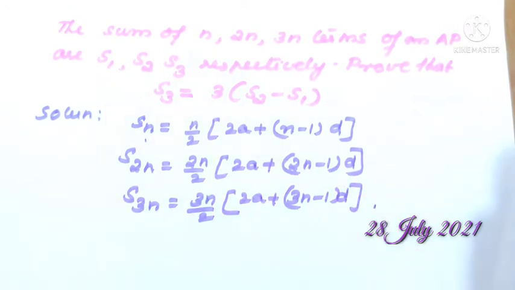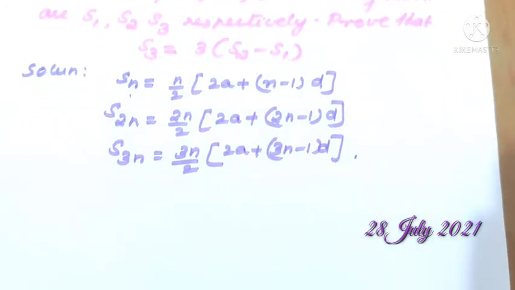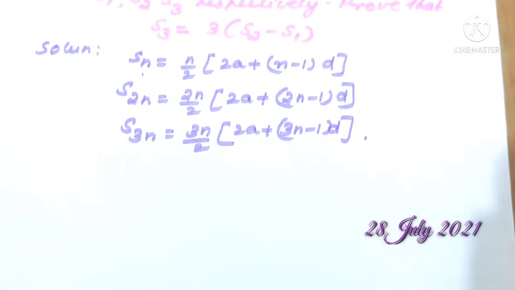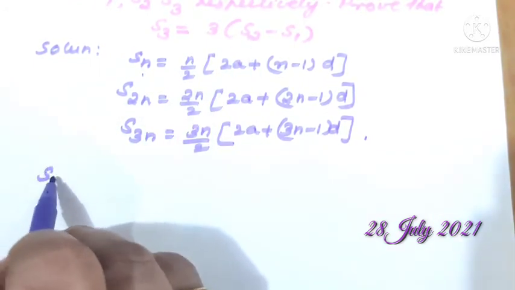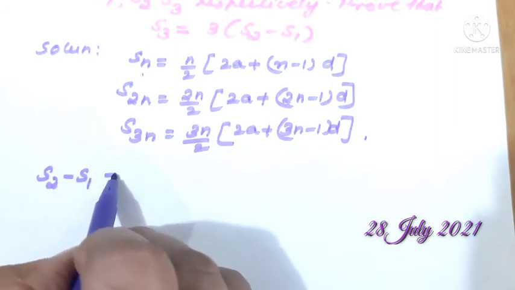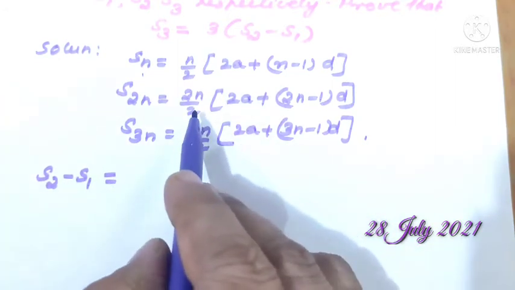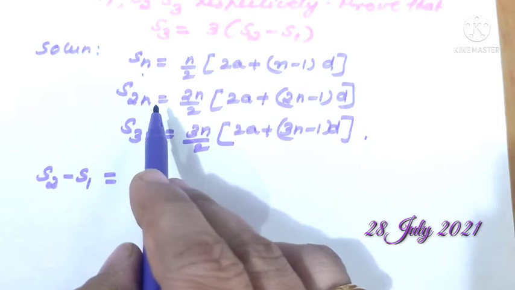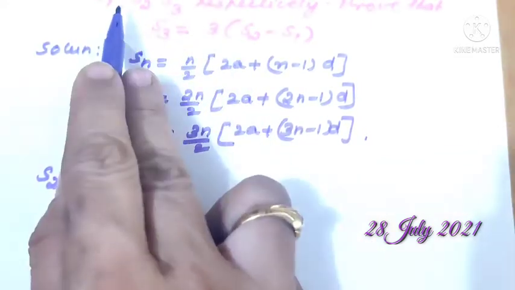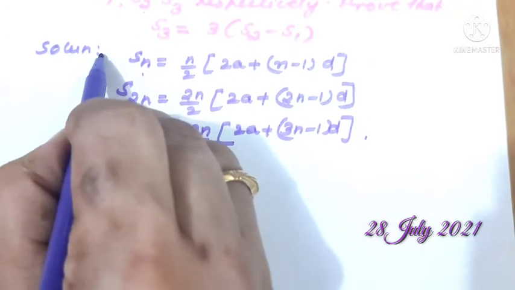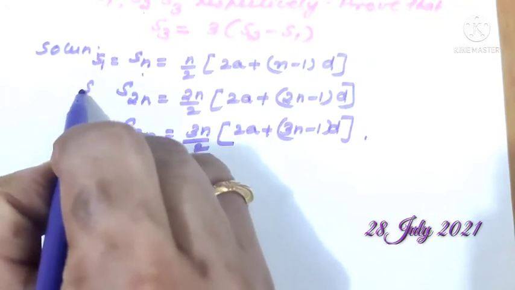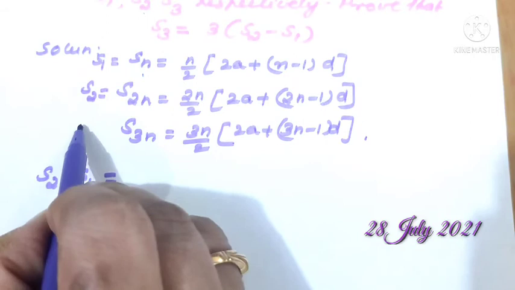Now we have to prove that S3 equal to 3 into S2 minus S1. So let me start with S2 minus S1. S2 is 2n terms, right? So I'll write here also: S1, S2, then S3.